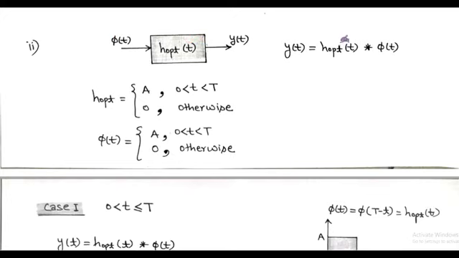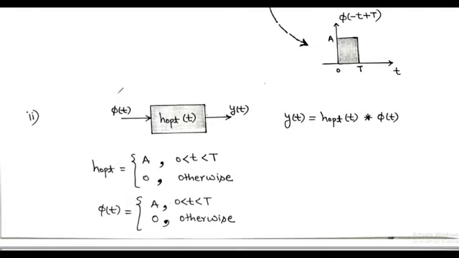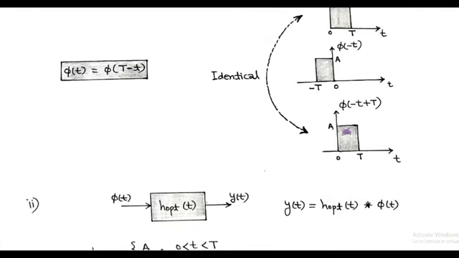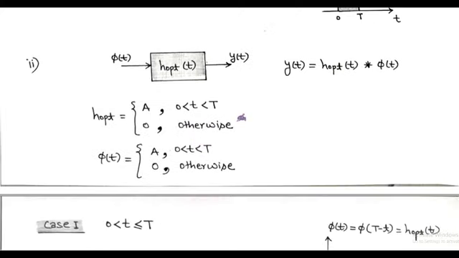So y(t) equals h(t) convolved with phi(t). In the first part we determined the optimum impulse response h(t) having value A between 0 and capital T and 0 otherwise, and this optimum impulse response is identical to the input signal phi(t).